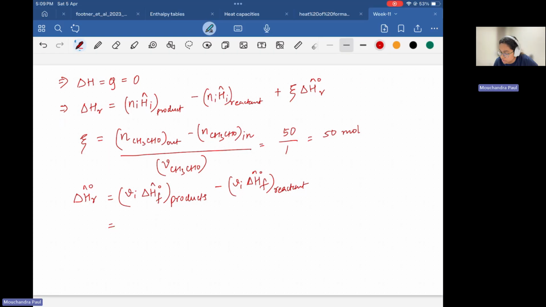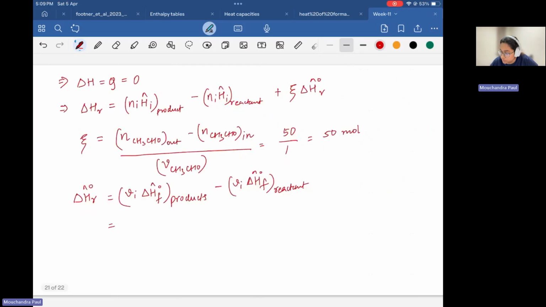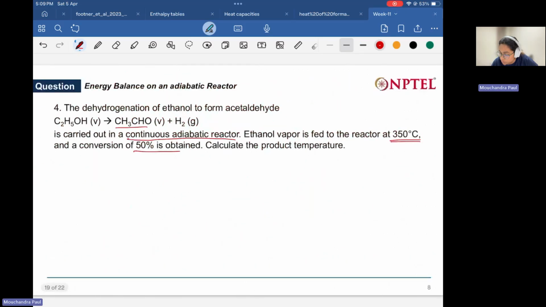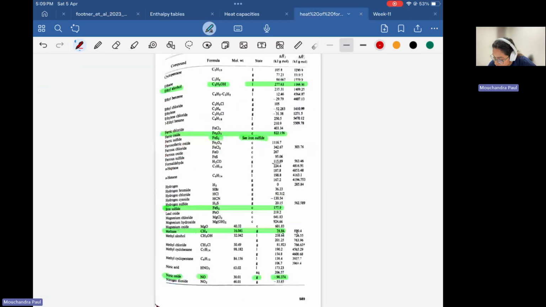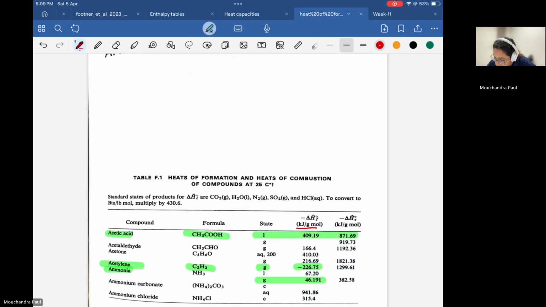So on the product side, there is acetaldehyde and H2. For acetaldehyde, the stoichiometric coefficient is 1. But what about its heat of formation?